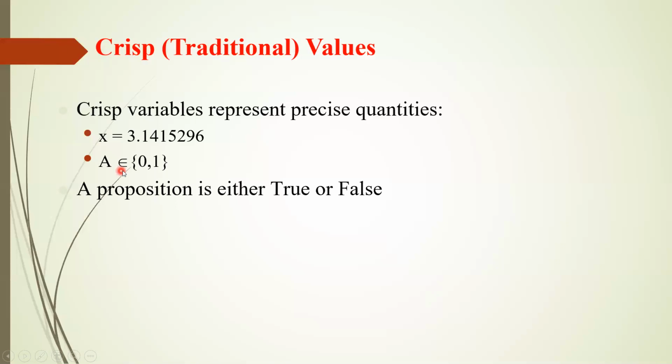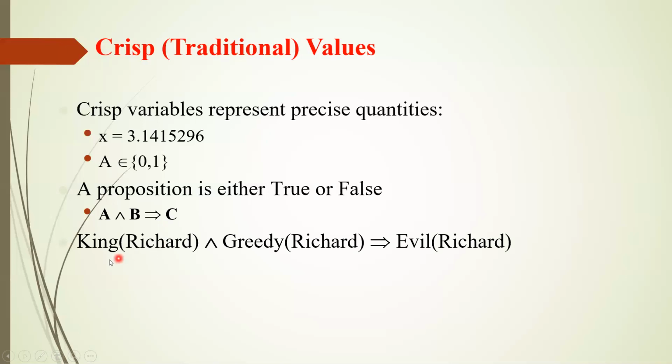A may be 0 or 1. A proposition is either true or false. This is a logic: A and B implies C. So this statement may be either true or false. Richard is a king and Richard is greedy.